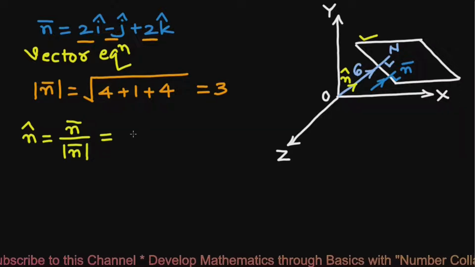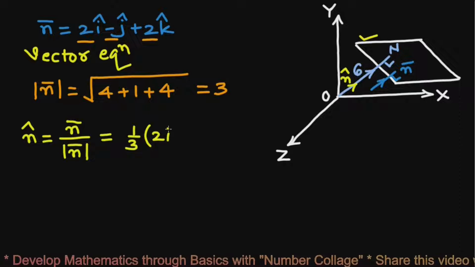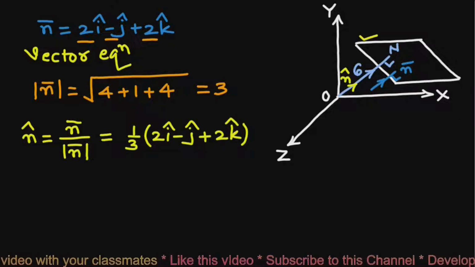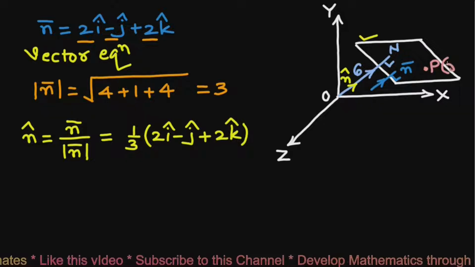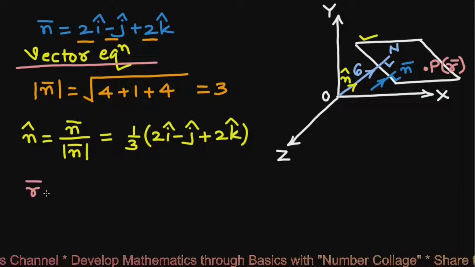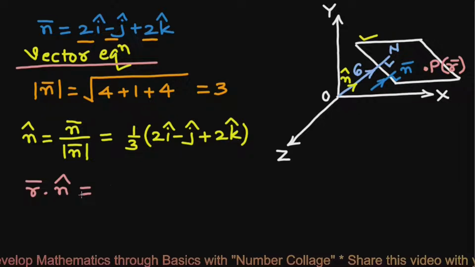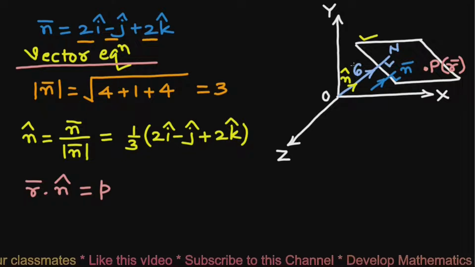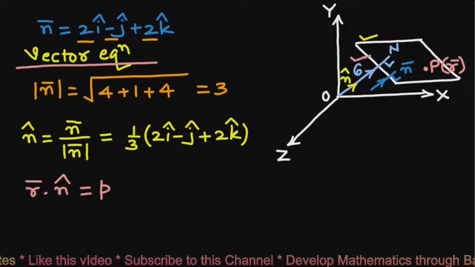So that will be 1 upon 3 times 2 i cap minus j cap plus 2 k cap. Now for any point P whose position vector is r bar, the vector equation of the plane will be r bar dot n cap equals p, where p is the distance of the plane from the origin, which is given to be 6 units.